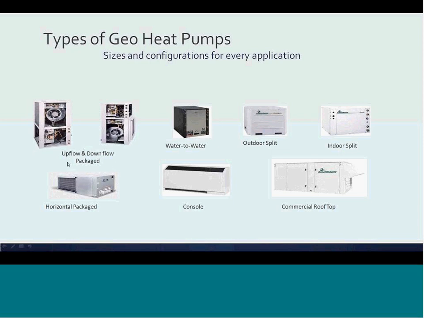You have upflow and downflow equipment, water, air, all in one package. You have console and horizontal packaged equipment, which you might find in, say, portable housing or apartment complex or a hotel motel. And then we do have very large sizes of equipment that might go on a rooftop and support larger commercial or industrial applications.